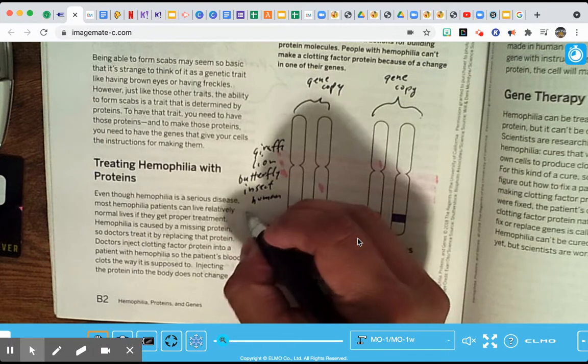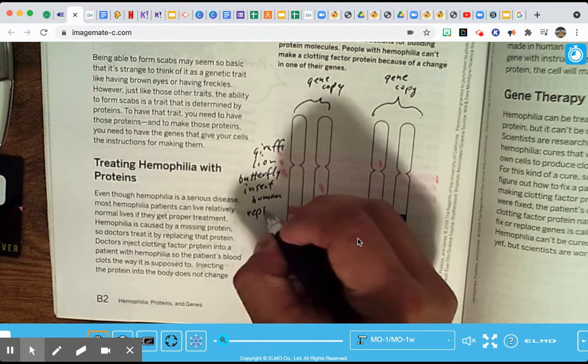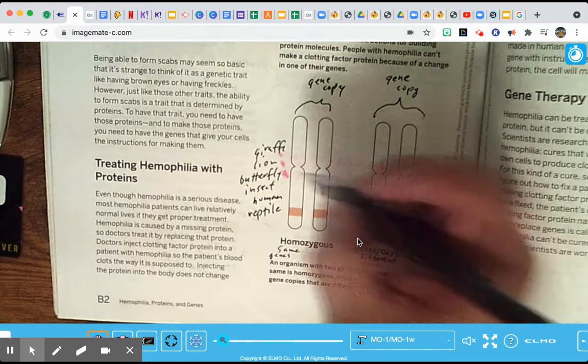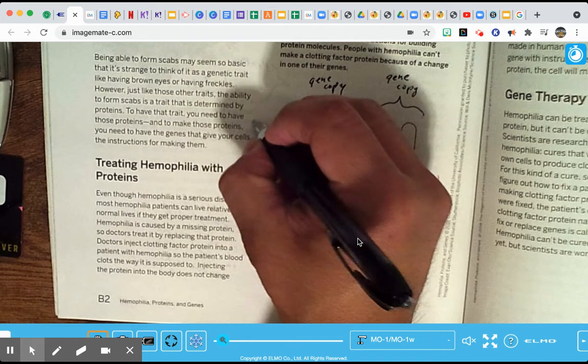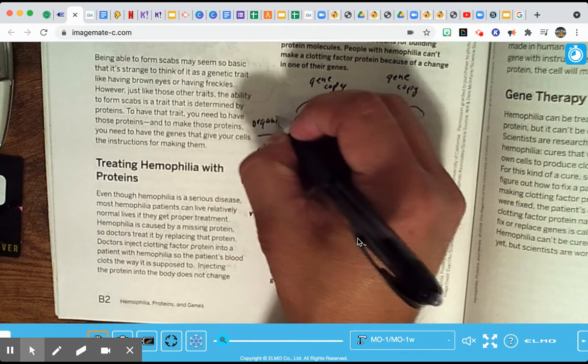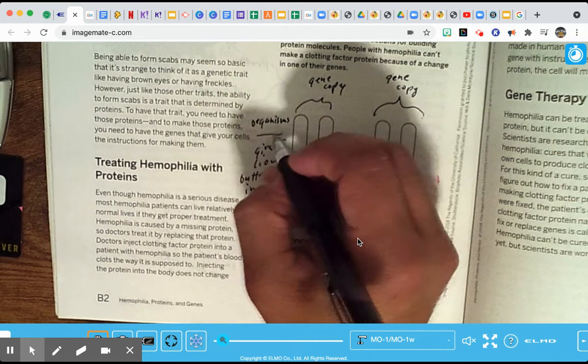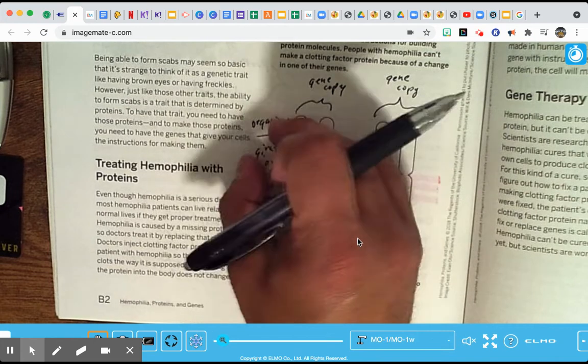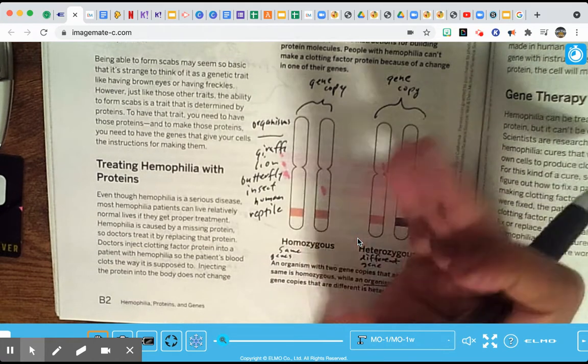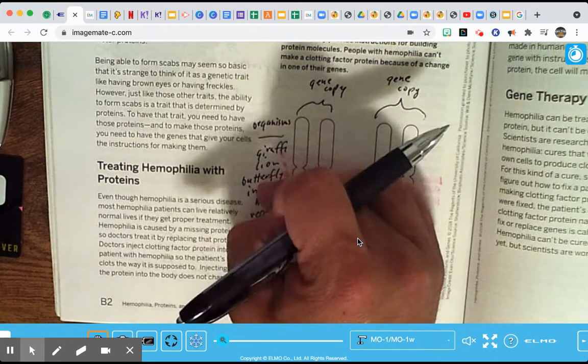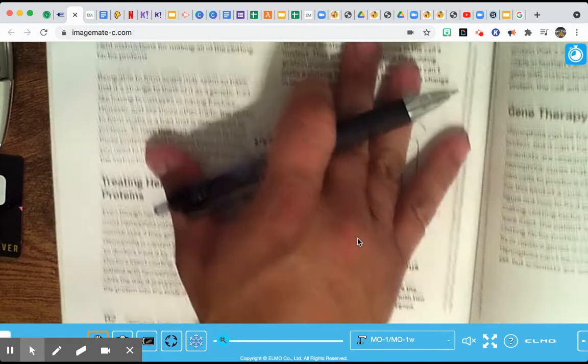It could be a reptile, like a snake or a crocodile. These are all organisms. Okay? It lives, it breathes, it dies. They're all organisms, two gene copies.